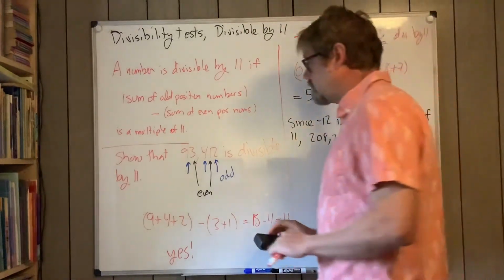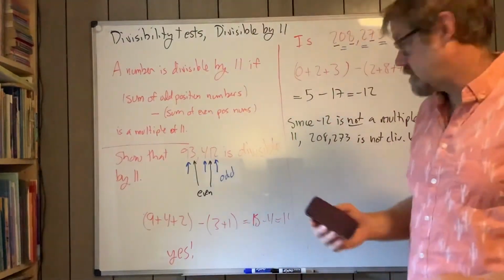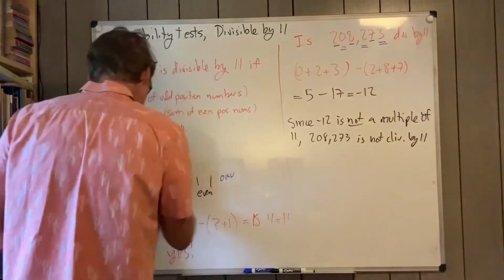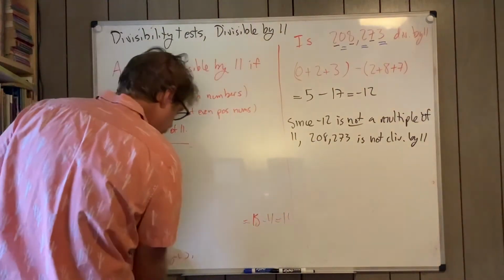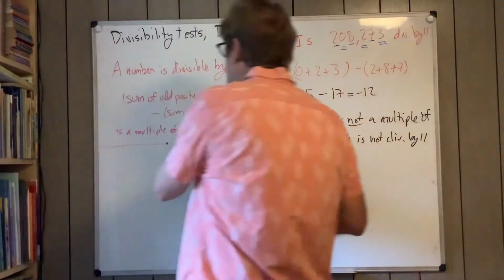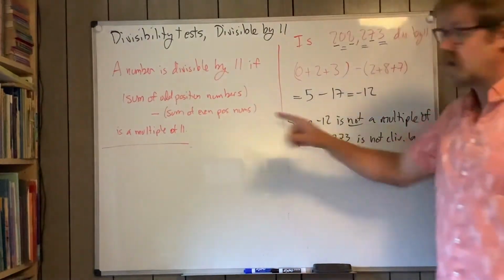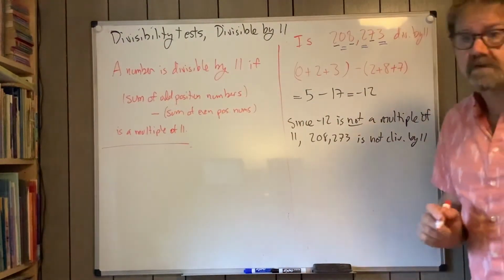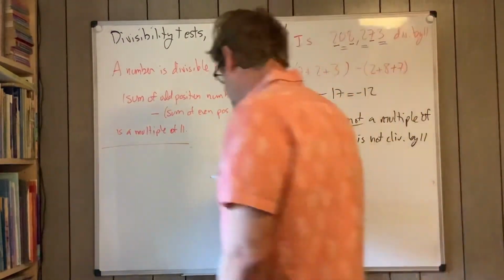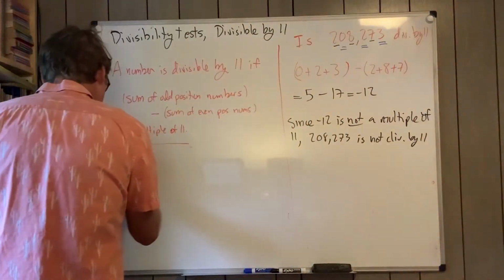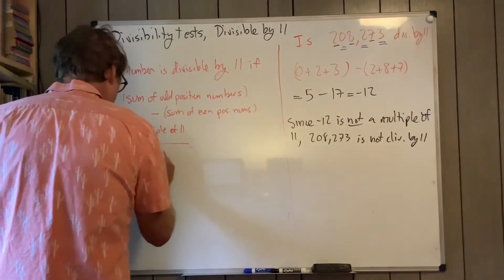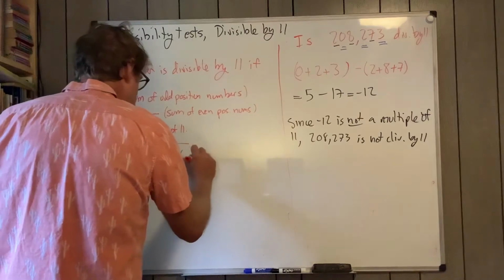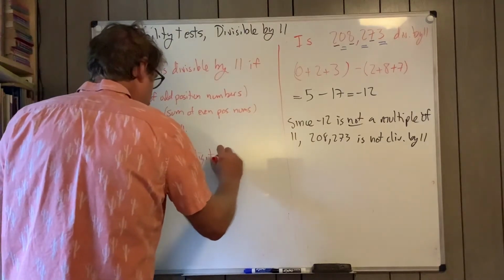Now the other thing I want to do here is a proof. This one's a little different again, basically because the actual test is different. This is going to be a proof for a 6-digit number.